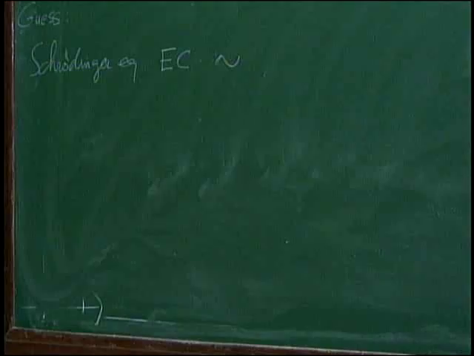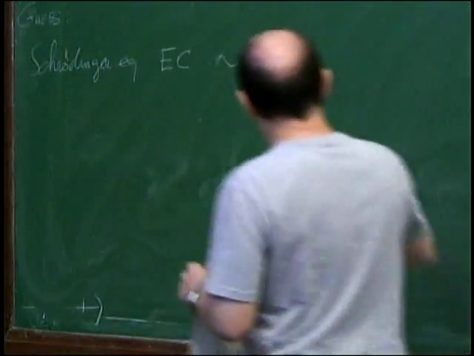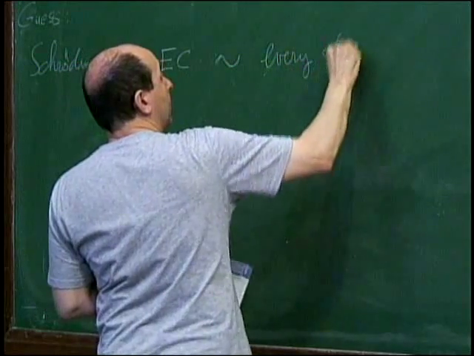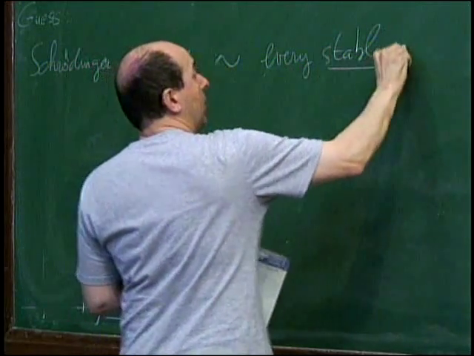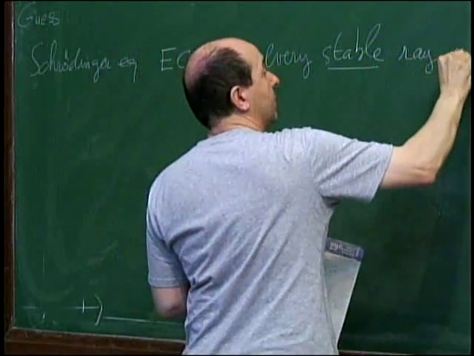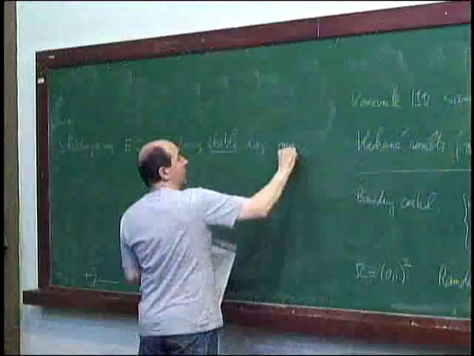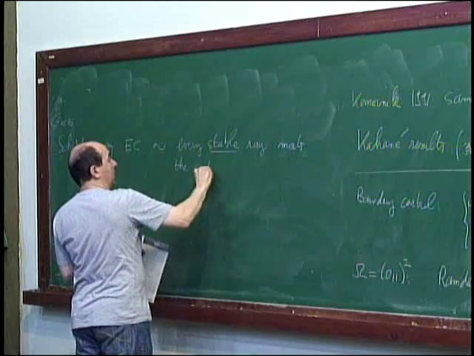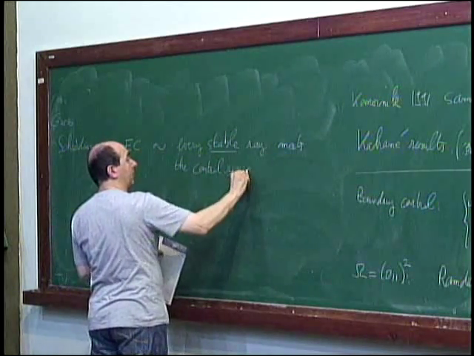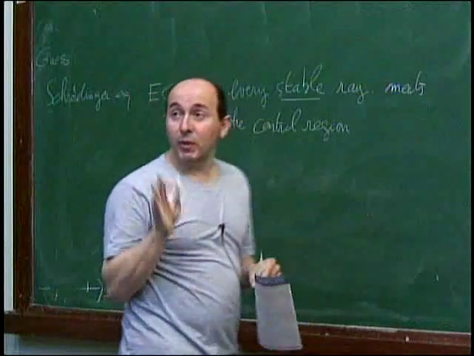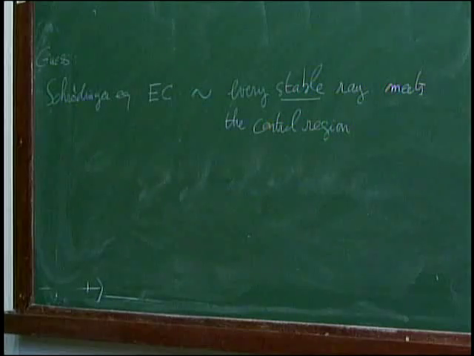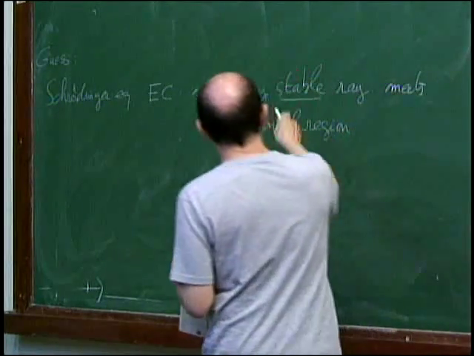If and only if every stable ray meets the control region in some time. I remind you that for the wave equation, the condition was every ray meets the control region. Here, we focus only on stable rays.